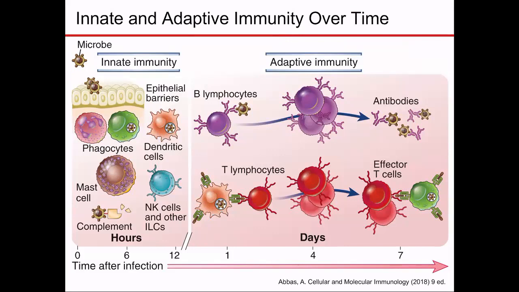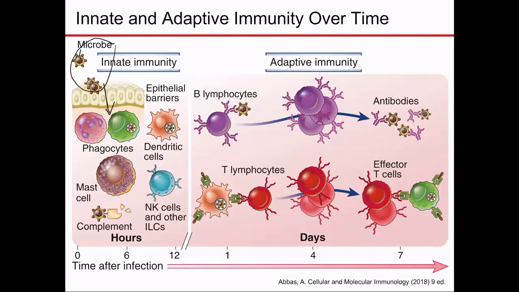Remember, I mentioned during the first class that it is impossible to separate these two important components of the immune system. When we get exposed to a microbe, let's say here, and let's say the microbe is able to cross the first line of defense of the innate immunity, the epithelial barrier.